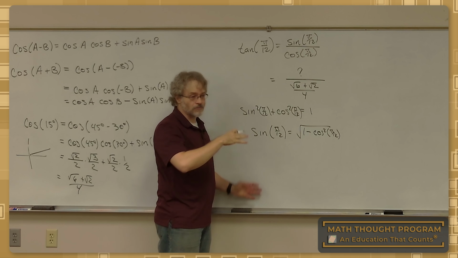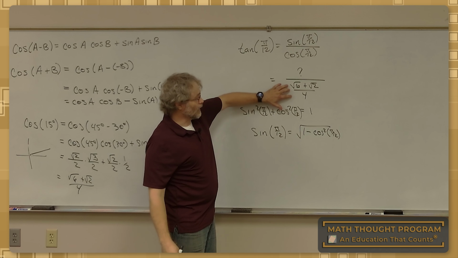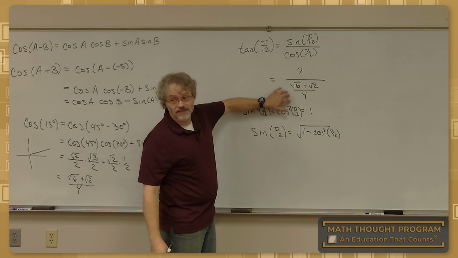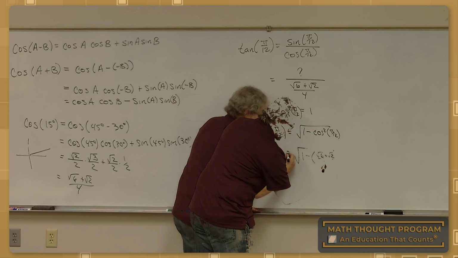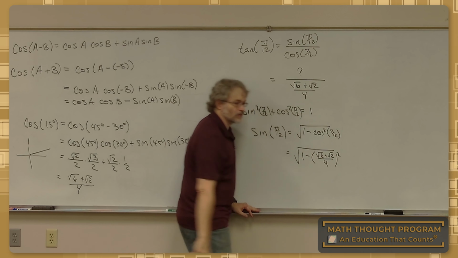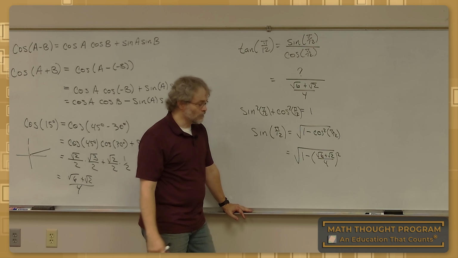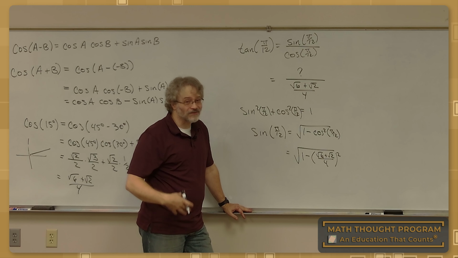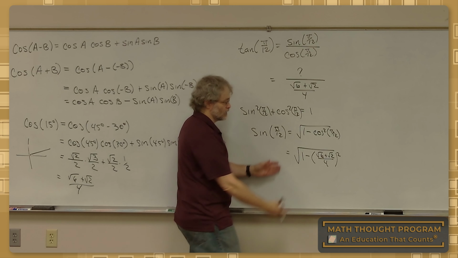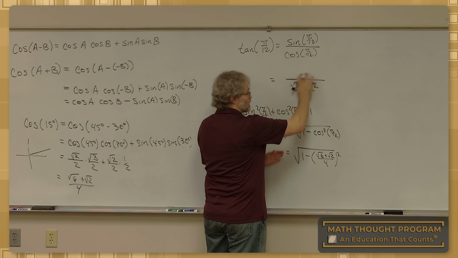So I can take that and plug it in. I know cosine. I can drop it in and square that. It's going to take some time to grind this out, but we're going to get there eventually. This piece would be what's on top.